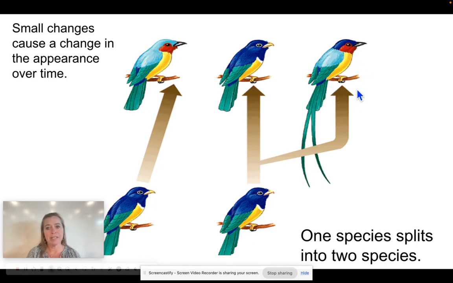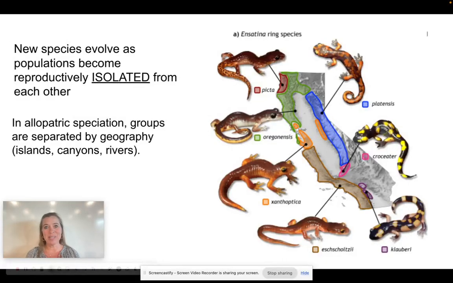If that happens, then you can have a heritage or ancestral population living at the same time as a new species.